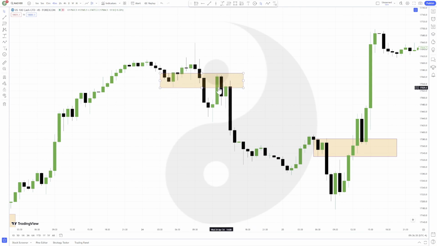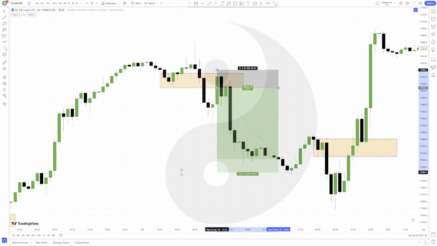I wait patiently for it to get there. I put my stop below the breaker blocks, and then I target any inefficiency or breaker block down here. So an example will be this. Put my stop here, then I target here or this other block, and it's going to hit perfectly, guys.